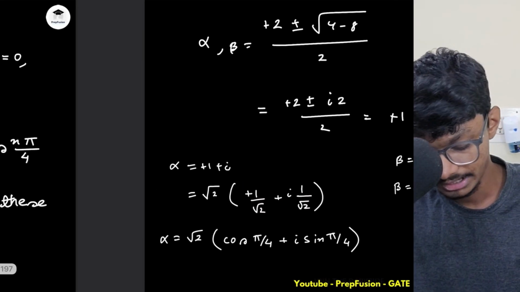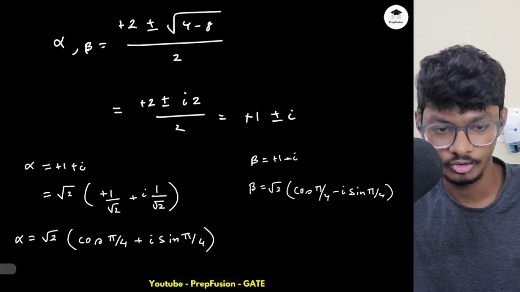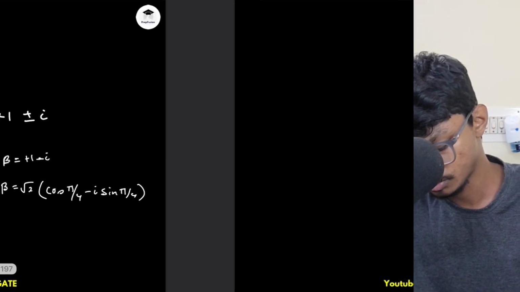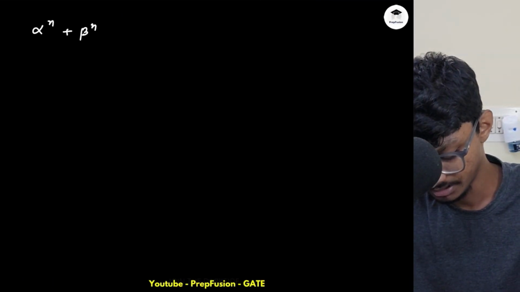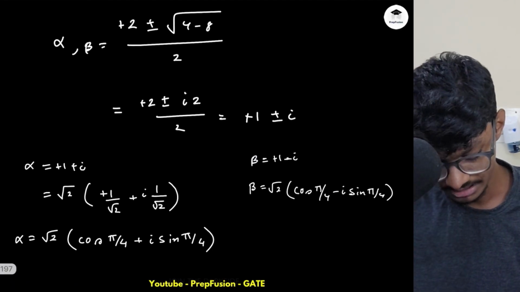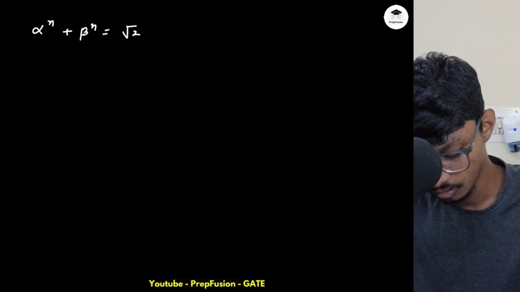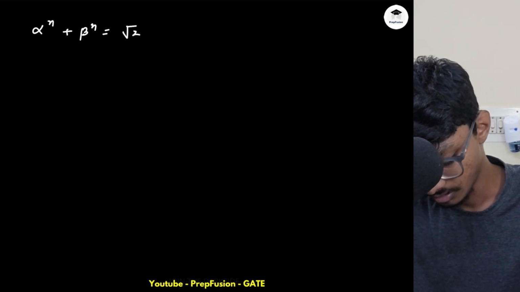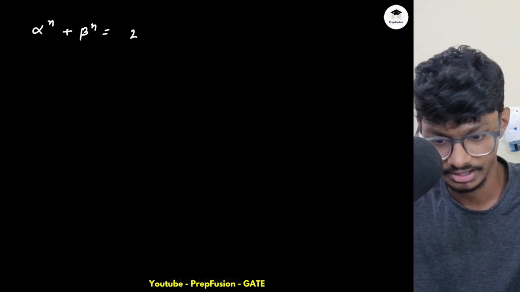Now they are asking us to compute alpha raised to power n plus beta raised to power n. I can use Moivre's theorem. So alpha raised to power n will be nothing but n gets multiplied inside. This will be root 2 raised to power n, or I can write it as 2 raised to power 1 by 2, raised to power n, which is n by 2.